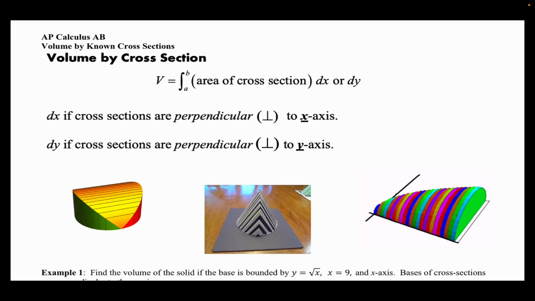If it's a triangle, base times height divided by 2. The area of a half circle is pi r squared divided by 2. So when it says area of the cross section, first you have to figure out what shape you're dealing with, and then what is the area of that.